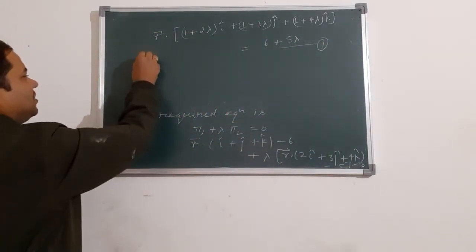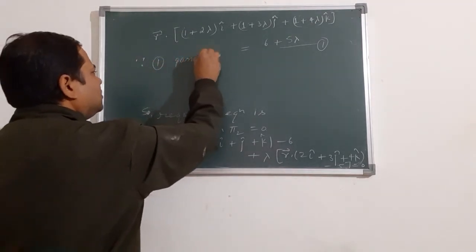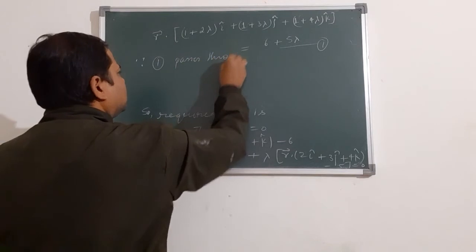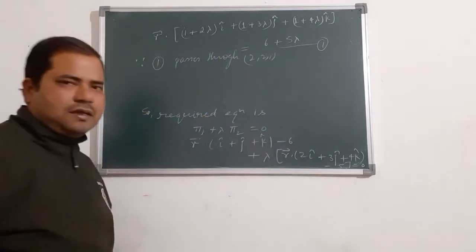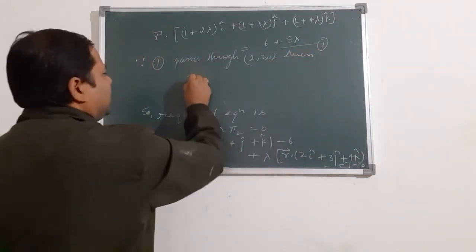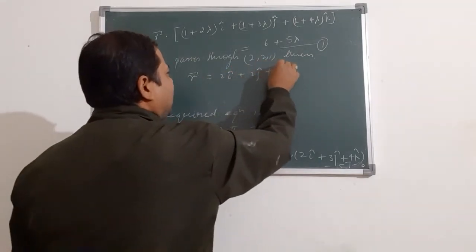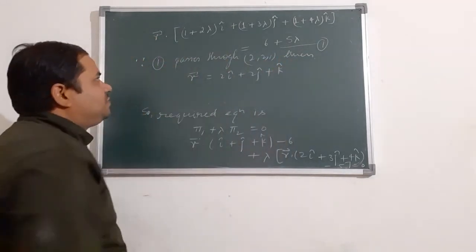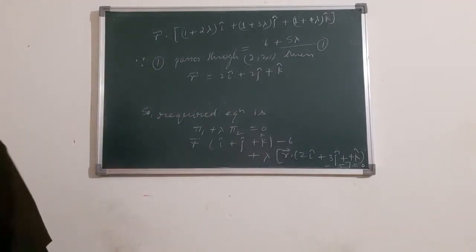Now, since it passes through (2, 2, 1), r must be equal to 2i cap plus 2j cap plus k cap, and we put this value in equation 1 and we will get the value of lambda.